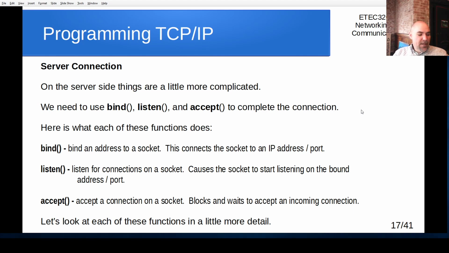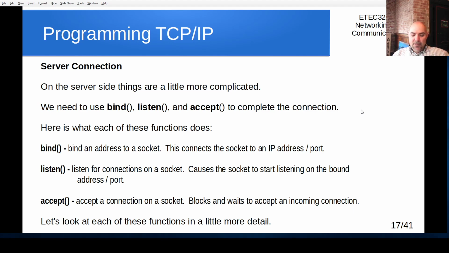You might have servers or systems that have more than one network interface connected to the internet, so we have to pick which one we want. That's what bind does. It says, associate this socket with this network interface.